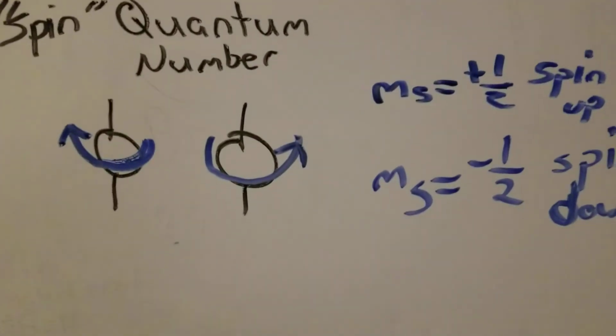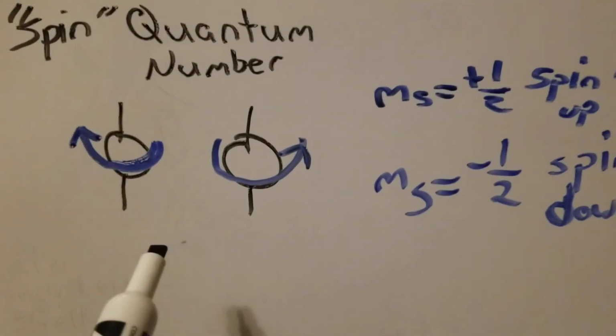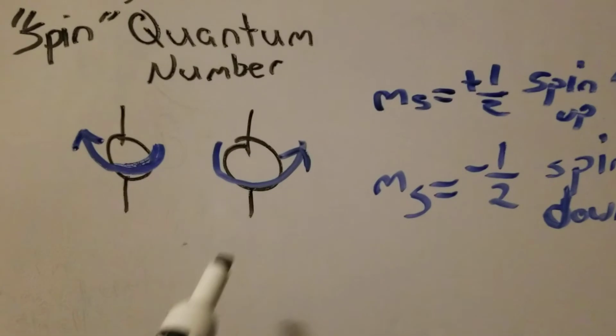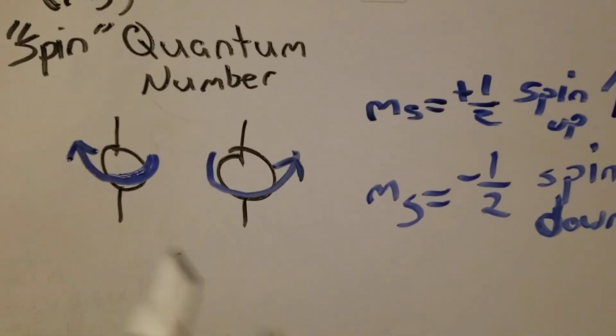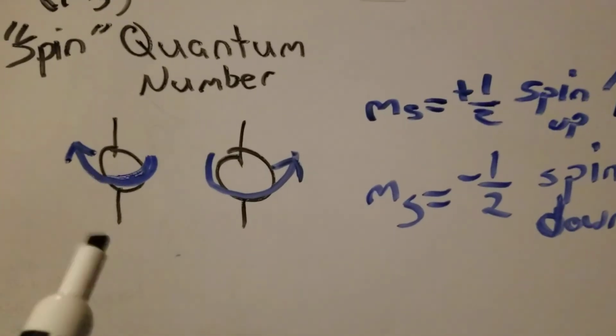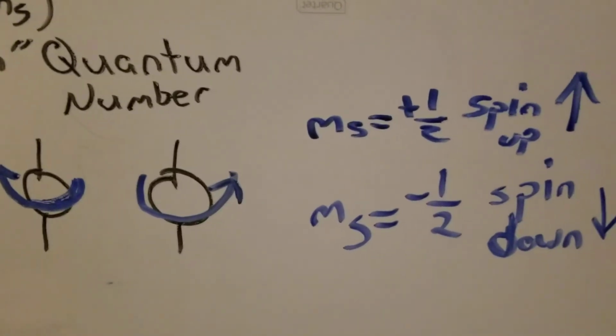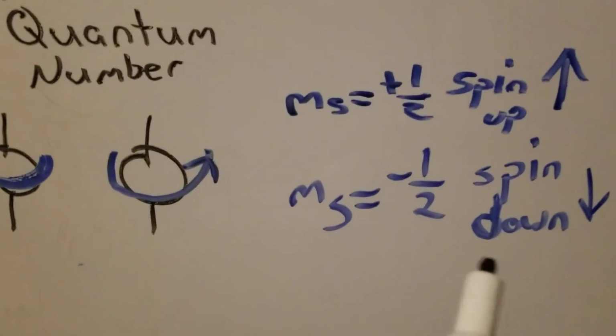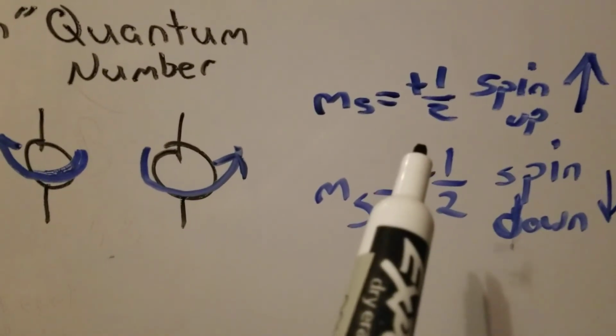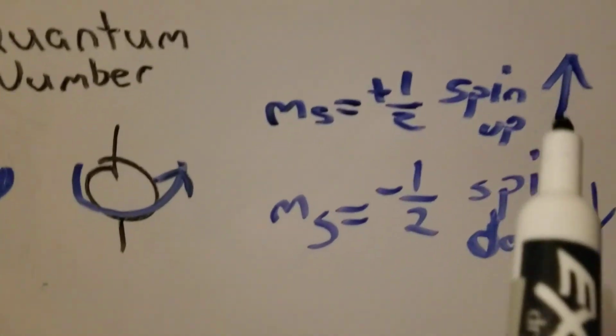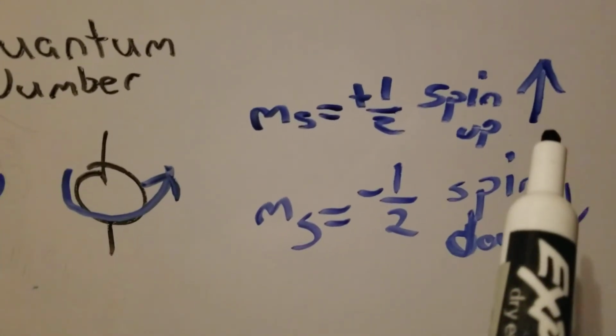But we use these diagrams in order to demonstrate that we have two possible m sub s values. And we say that those are either m sub s equals positive 1/2, which we designate as spin up with an upward arrow.